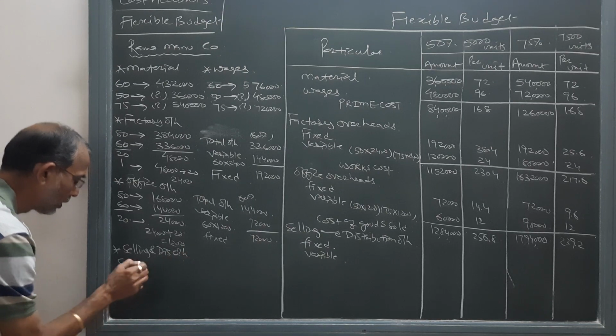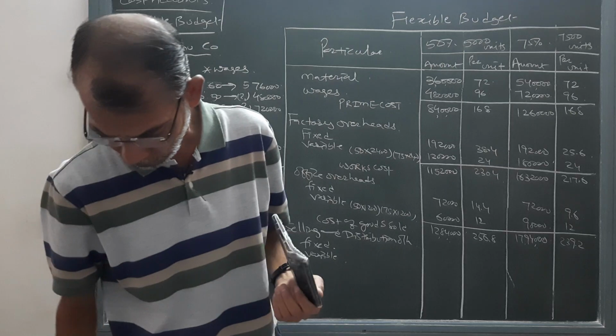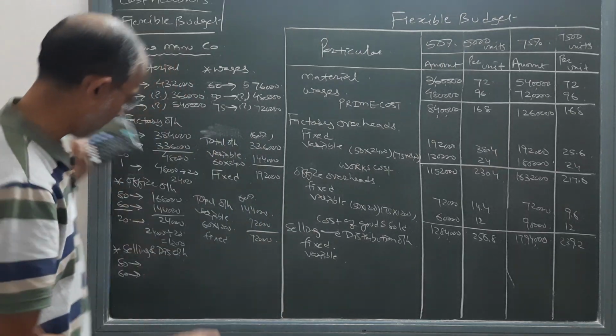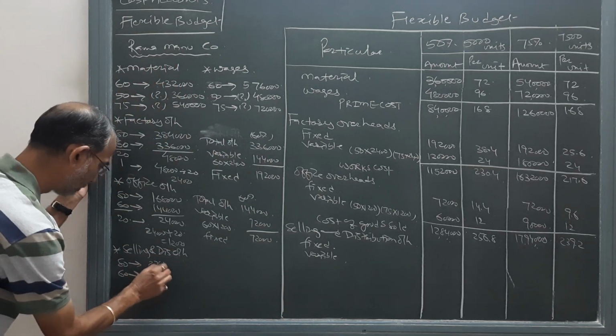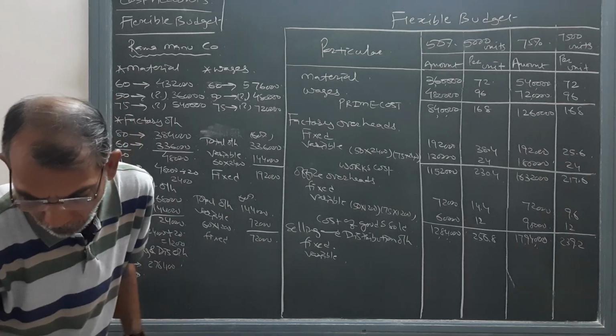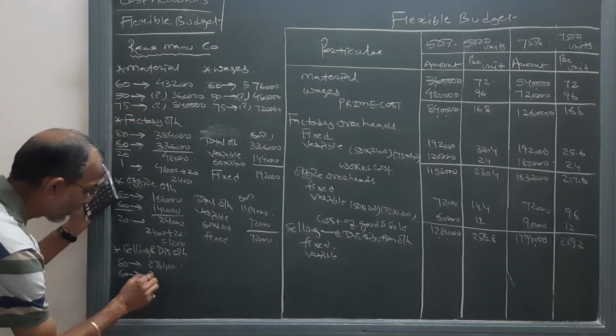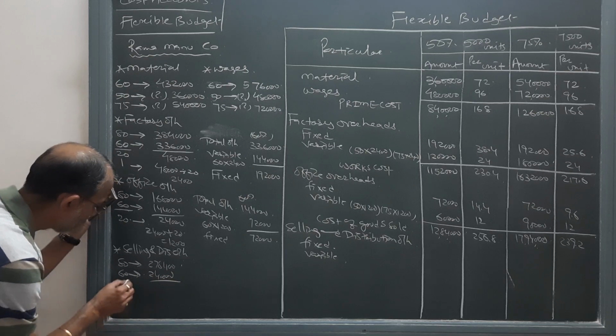At 80% and at 60% they are 2,78,400, while 2,40,000 are at 60% capacity.